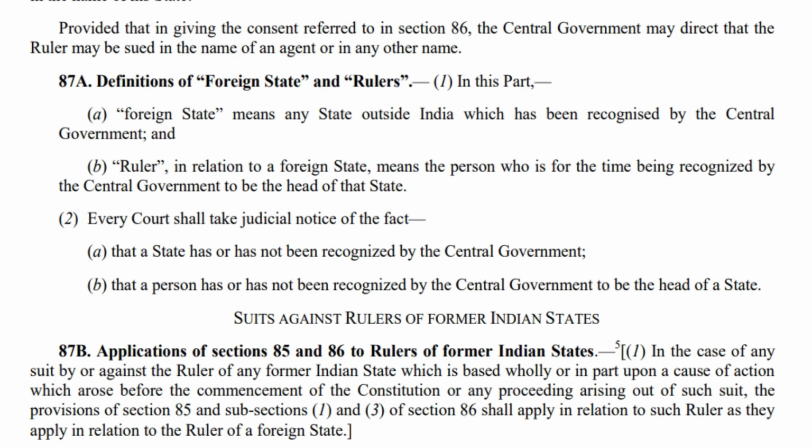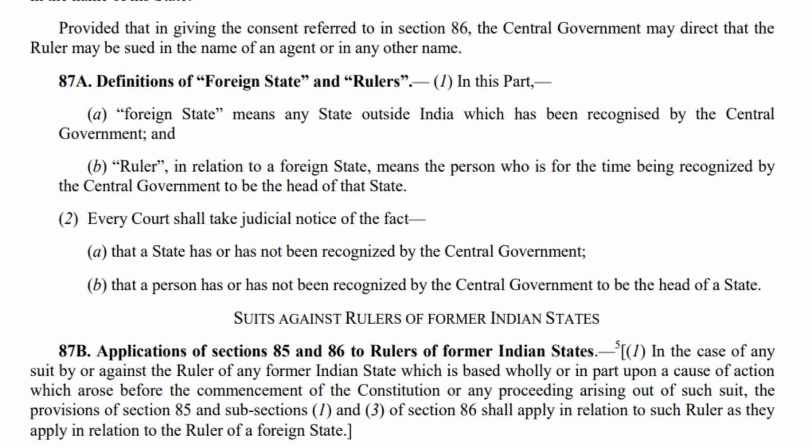Let us move to subsection 1 under section 87A. Particularly in this part, point A, foreign state generally means any state outside India. That is the first point. Second point is it should be recognized by the central government. So these 2 points are important in this point A. Let us move to the next point, point B. Ruler. Who is a ruler with respect to a foreign state?